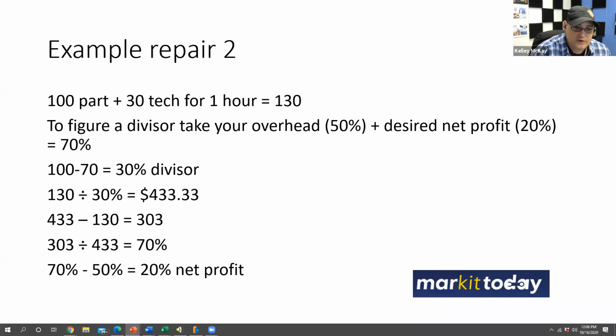If you take 433 minus the 130, that gives you your gross profit, $303. Then you take that 303 and divide it by your invoice, and that gives you 70%, which is gross profit margin. 70% gross profit margin minus 50% overhead equals a 20% net profit.